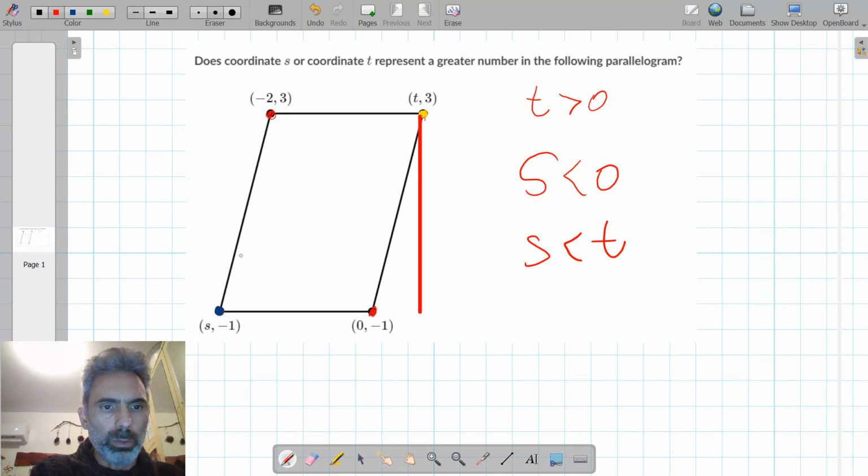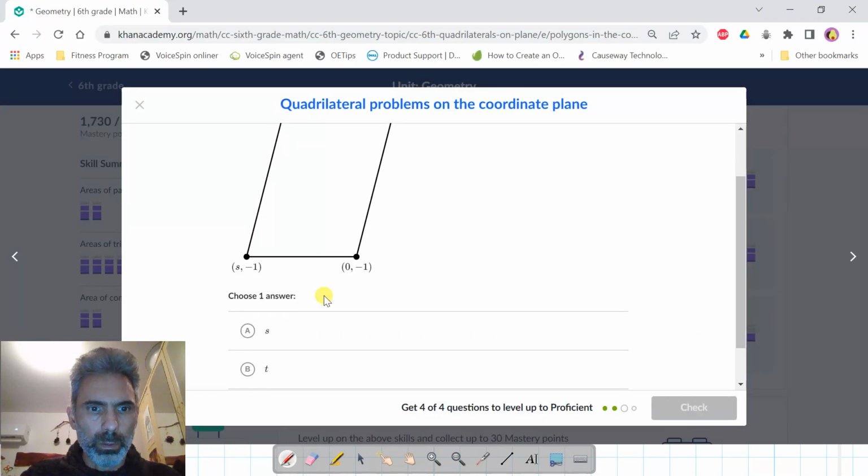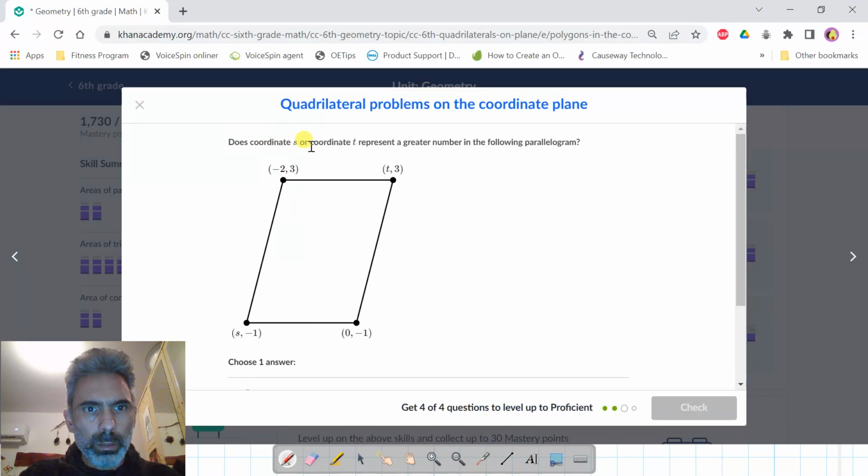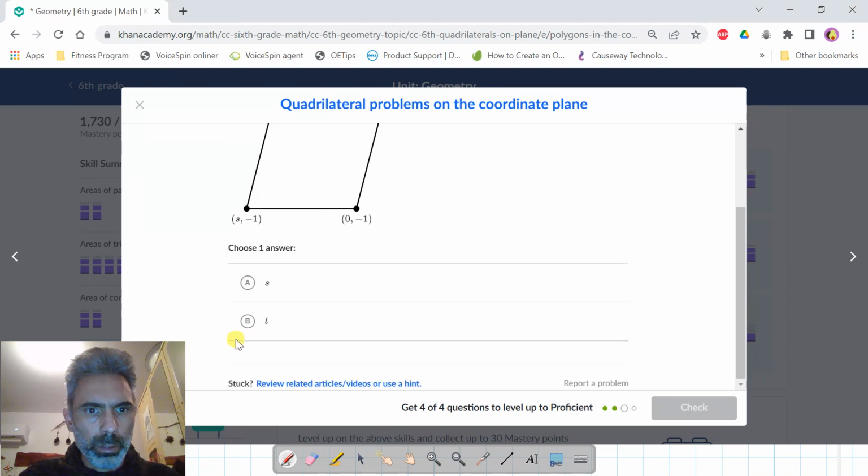So S is not only less than 0, it's also less than -2. So it is clearly smaller than T. So T represents the greater number.